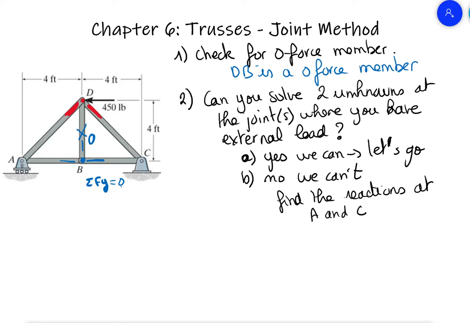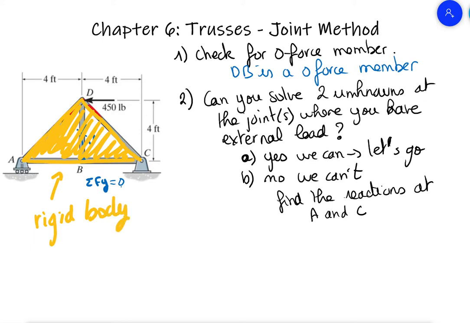Let me explain what I mean. We can consider the truss, everything together, without looking at how it's made inside. This is now a rigid body, and we will solve for NA, CY, and CX using the force that we know, 90 pounds.